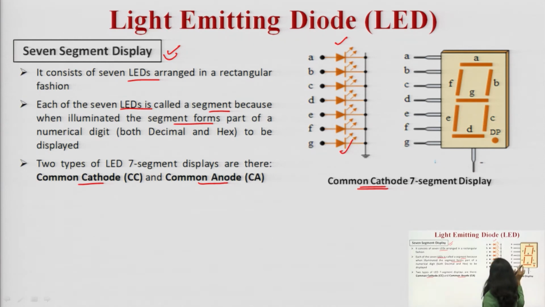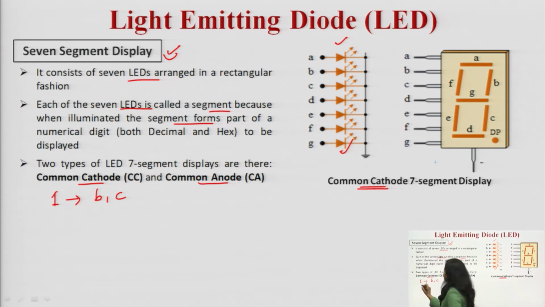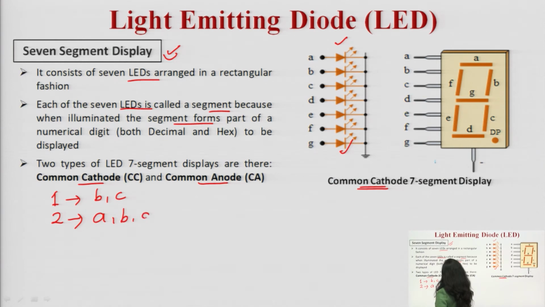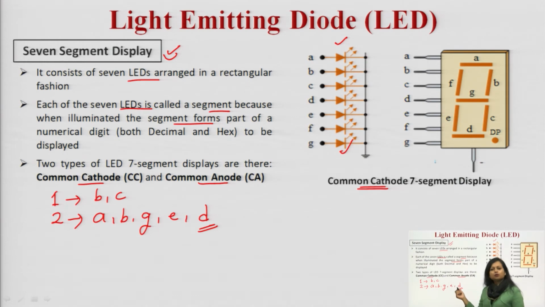So if you have to display 1, then if LEDs B and C glow and the rest of the LEDs are not glowing, 1 can be observed. For 2, you can observe in this particular case how to display 2. You are going to write it in this manner, meaning A, B, G, E, D. A, B, G, E and D. So this is how 2 will be displayed.